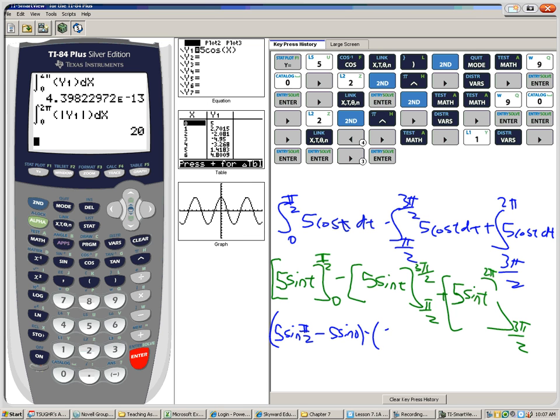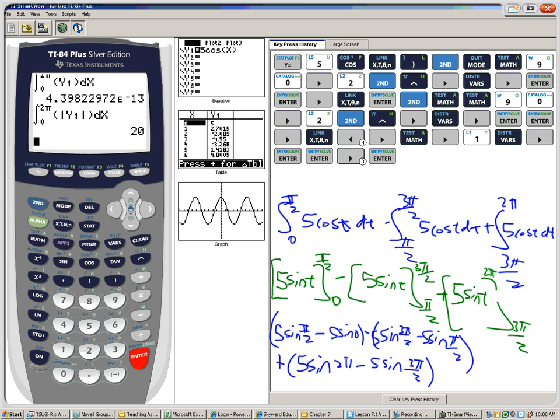We're going to subtract 5 sine of 3 pi over 2 minus 5 sine of pi over 2, plus 5 sine of 2 pi minus 5 sine of 3 pi over 2.